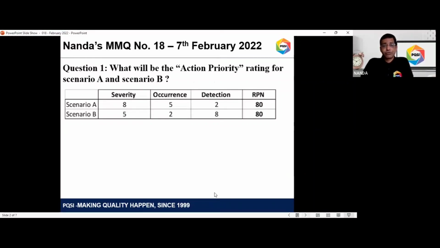So I request you to look at both the scenarios that's mentioned. And we have mentioned two scenarios with the respective severity, occurrence, and detection ratings, and we also mentioned the RPN values. So as per the latest edition of FMEA, have a look at it, and you need to give us the action priority rating.